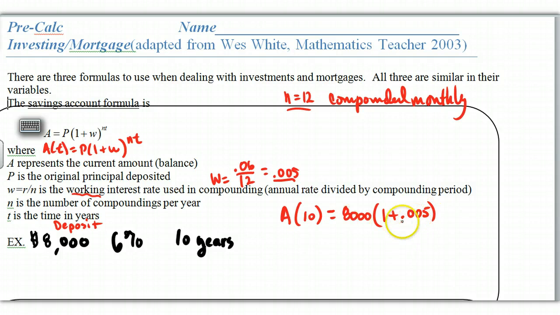Now, if I just look at this formula as it is, this would be 1 month. So ignore this 10 right now. If I just did 8,000 times the 0.005, that would give me the additional money that the bank is paying me. But I need my original balance. If I call up the bank and they just tell me the interest that I earned, and say that's all you got in the bank, I'd be pretty mad.